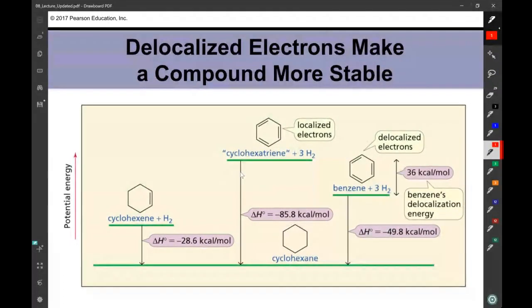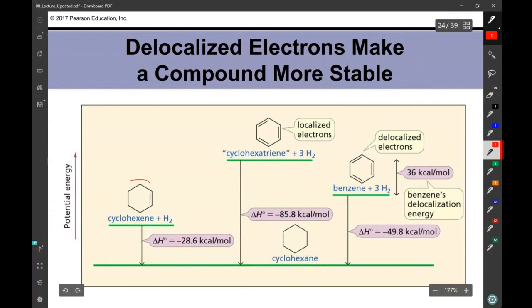So delocalization of electrons makes a compound more stable. This is not news, right? We're kind of familiar with it. Delocalization technically is a cousin to resonance. So the more delocalization or the more resonance you have, the more stable the structure is. And here we have three different types of molecule.